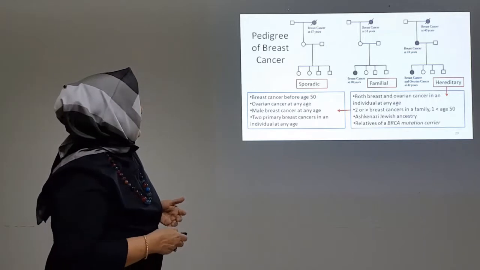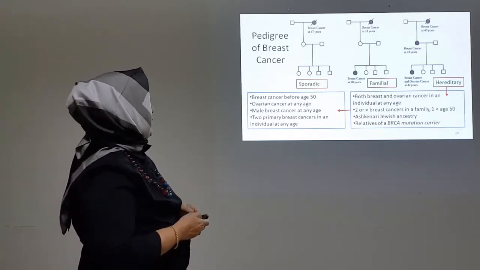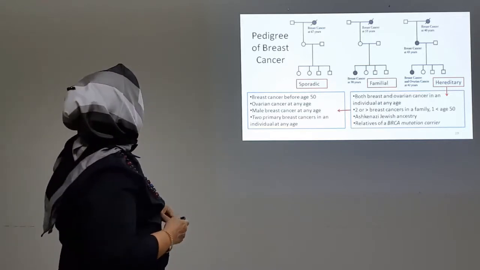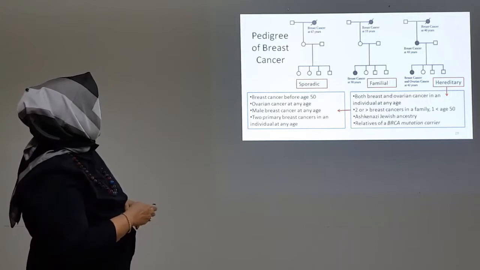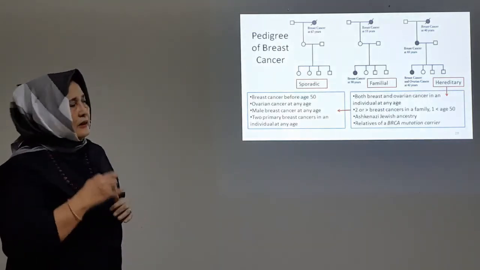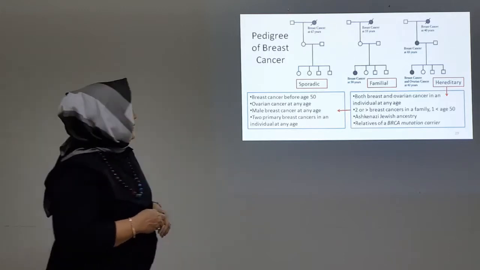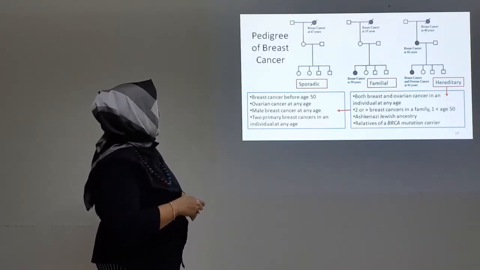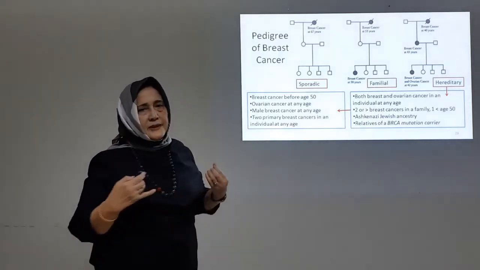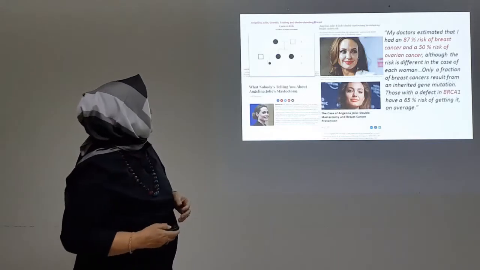And then there is a relative with a BRCA mutation carrier, and they get breast cancer before 50 years old, and they also have ovarian cancer and also two primary breast cancers. So it can be both breast cancer or breast and ovary.